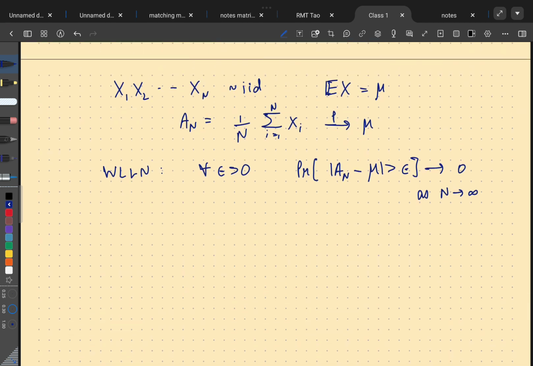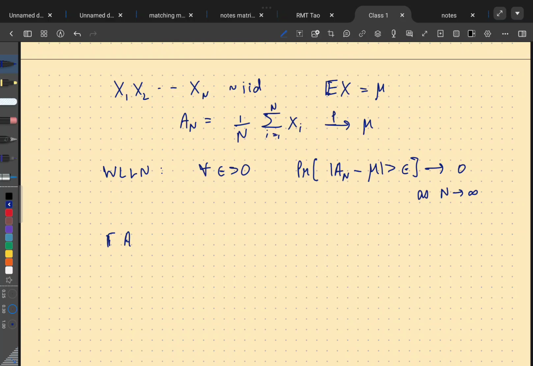Okay, so let's maybe go ahead with this very specific example and try to use Chebyshev's inequality on An. So I want to know at what rate does this probability go down to 0. Okay, so what do I need?